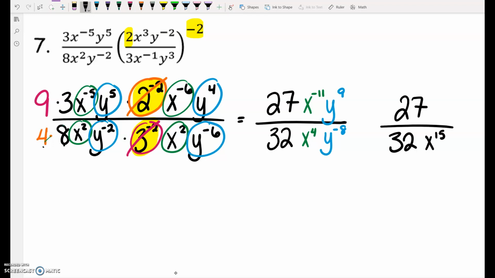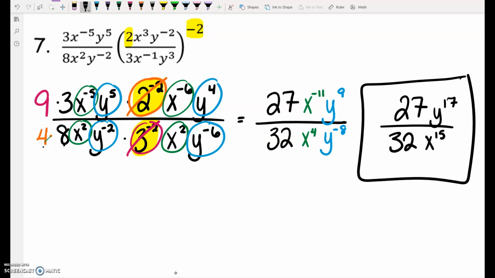Y to the negative 8 would move to the top and be y to the 17th on the top. Or you could do 9 minus a negative 8 to get positive 17, and that gives you the y to the 17th on the top. There are a lot of different ways to look at this and approach this as you're trying to get to your final answer.